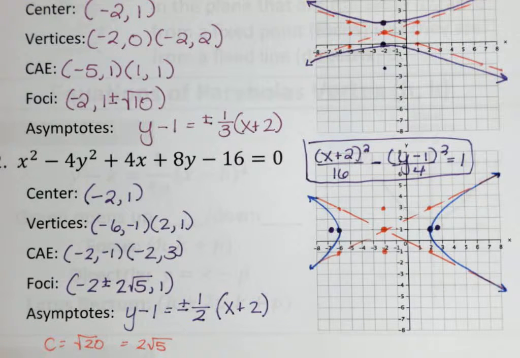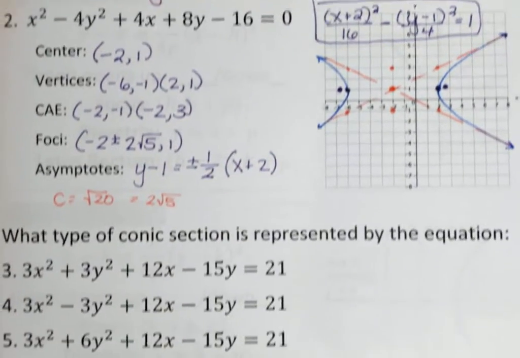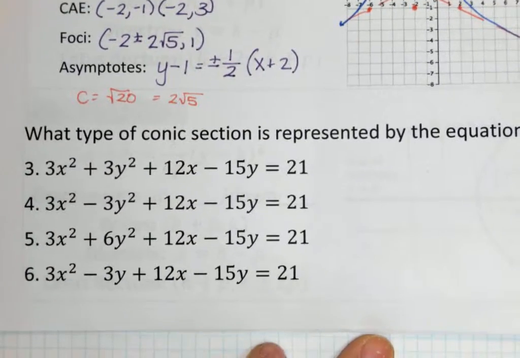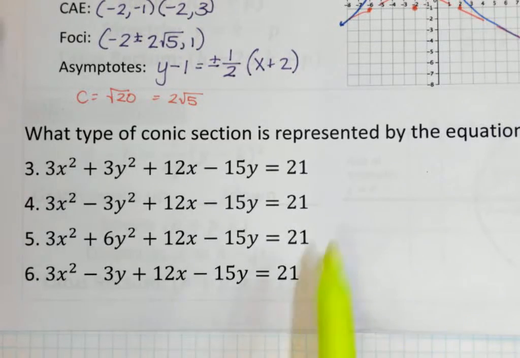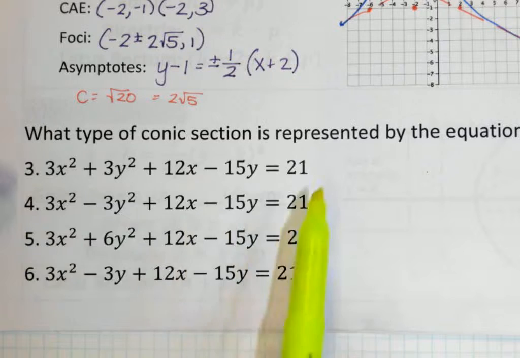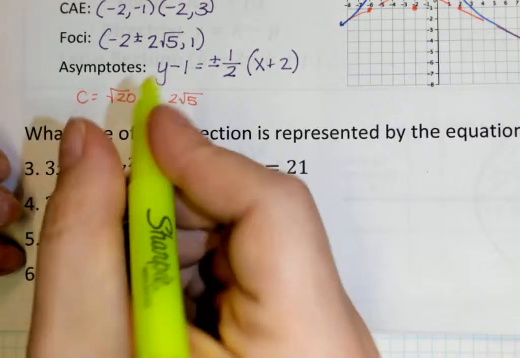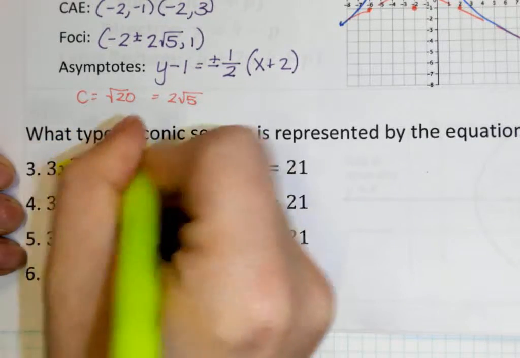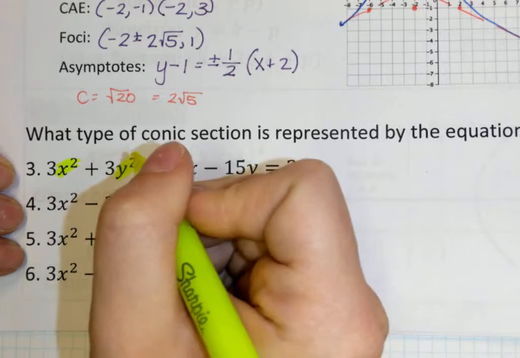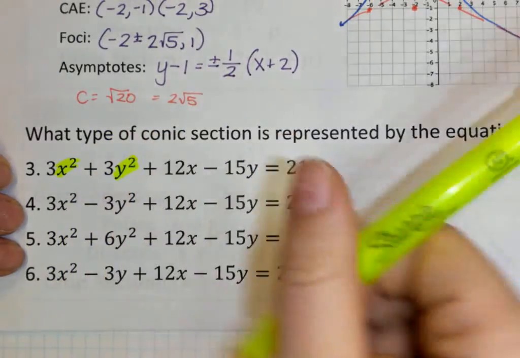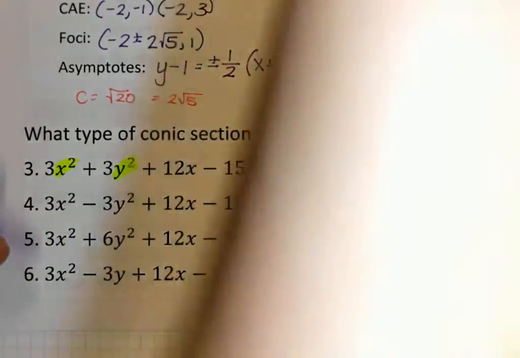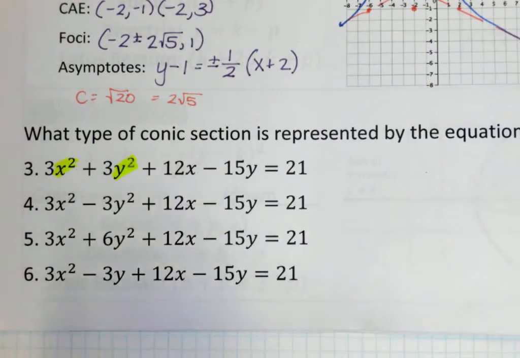All right, I wanted to work through 3, 4, 5, and 6 with you. I want you to look. What do you think is important in number 3? Things that might affect my answer. The x squared and the y squared, and the plus. The plus is very, very important here.